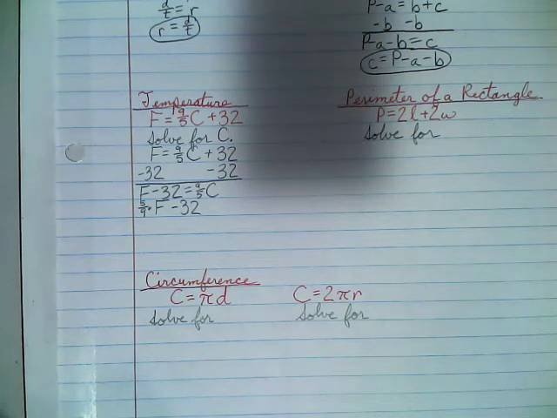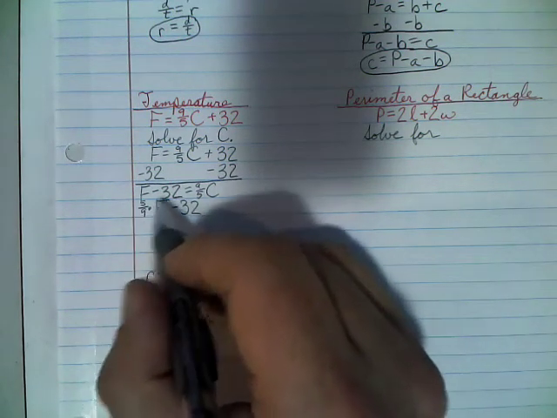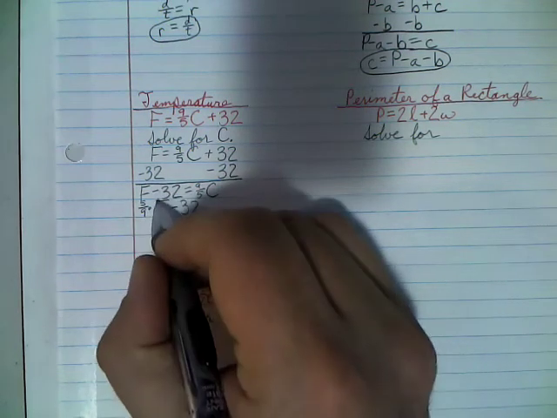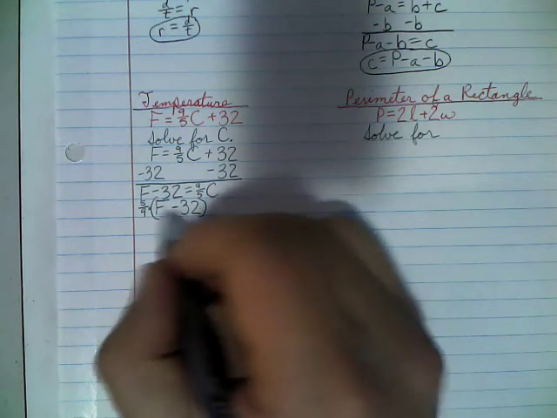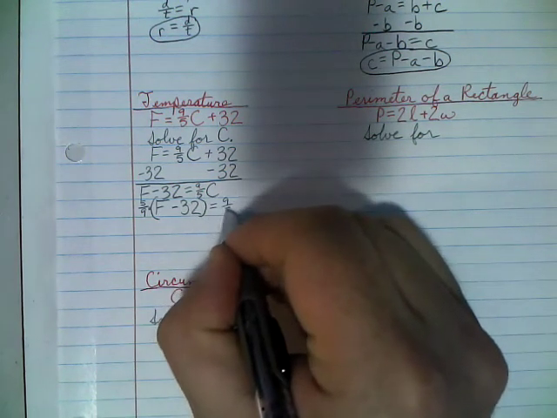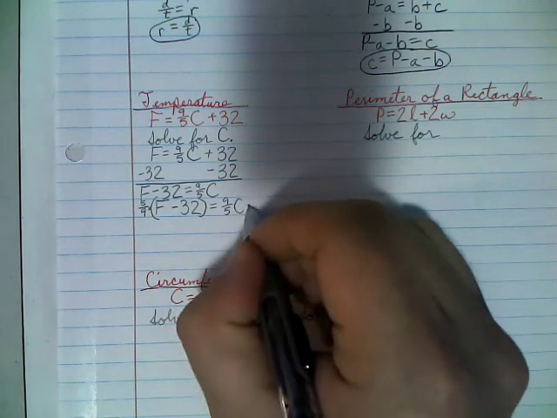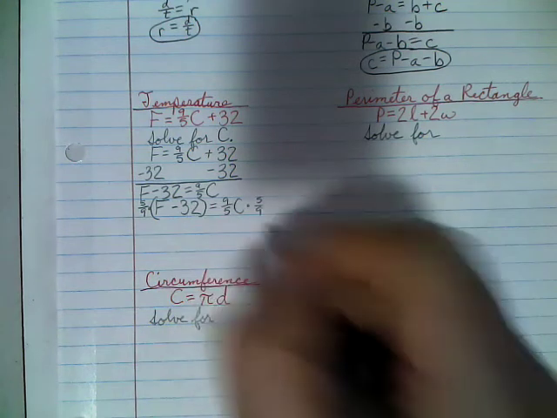Because we need to multiply 5/9 times the entire side. The way we have this written right now, we would only be multiplying 9/5 and F. So in order to make sure it's the whole side, I need to use parentheses to group that side as one thing. So I've got to pay attention to that in multiplication. On the other side, I got my 9/5 C times that 5/9. So we multiply both sides by 5/9.